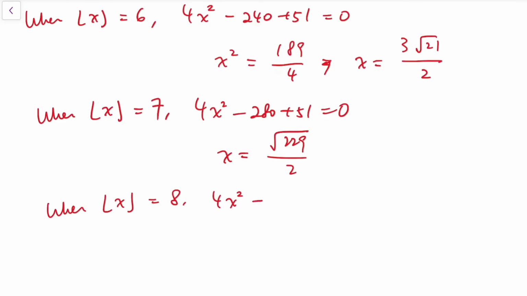Finally, when the floor function equals 8, x is equal to root 269 all divided by 2. And this number is between 8 and 8.5 because root 269 is between 16 and 17.